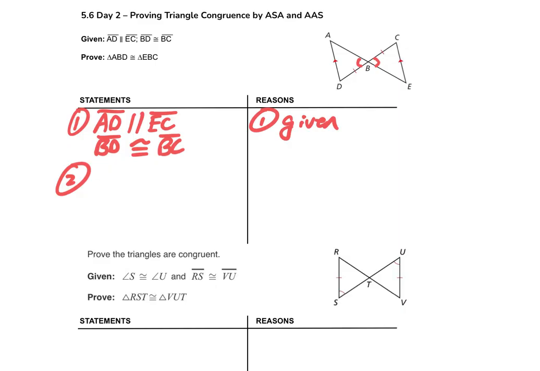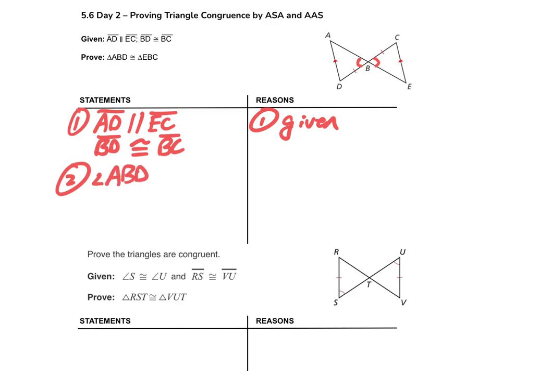Can I call this angle, angle B? Is it okay to call it B? I can call this one angle D because this is the only angle at D, right? But here we have two angles at B. So I can't just call this angle B, because which angle are you talking about? Right? So we have to call it ABD.